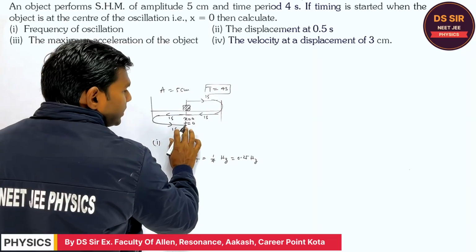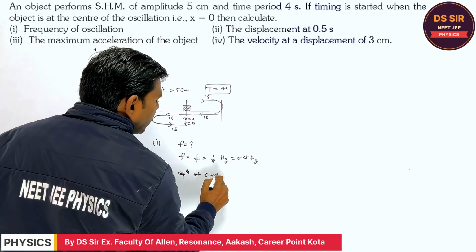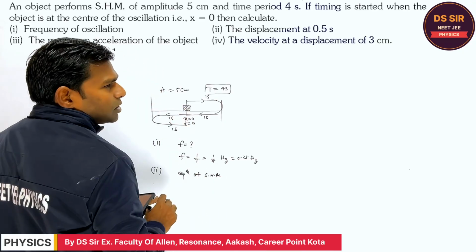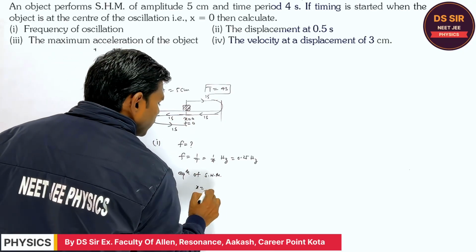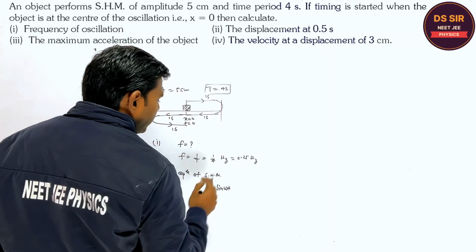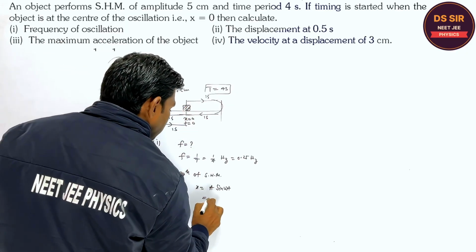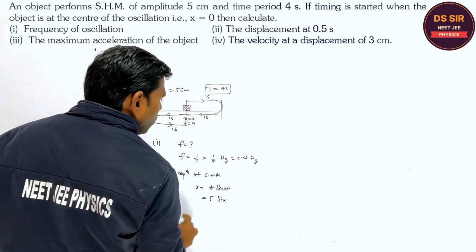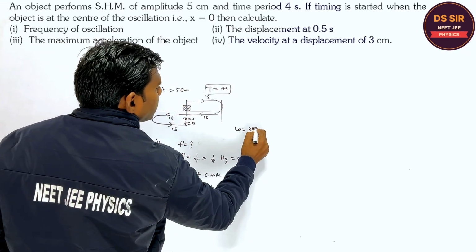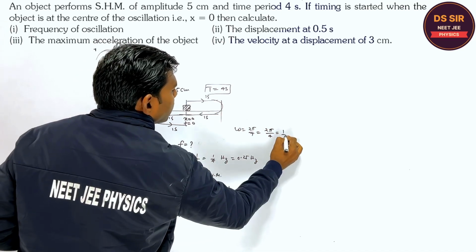Listen, what is the equation of SHM? When the particle starts from the mean position, at t equal to 0 the particle is at x equal to 0, the equation of SHM is A sin omega t, right? What is the amplitude? Say 5 centimeter. What is omega? Omega is 2 pi by T, which is 2 pi by 4, so 1 by 2 pi.